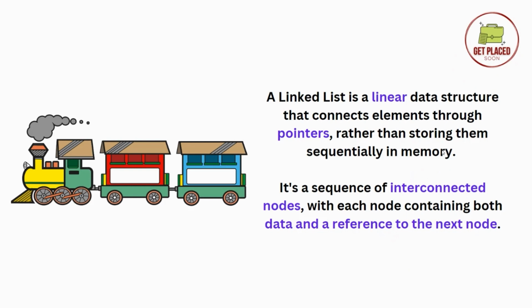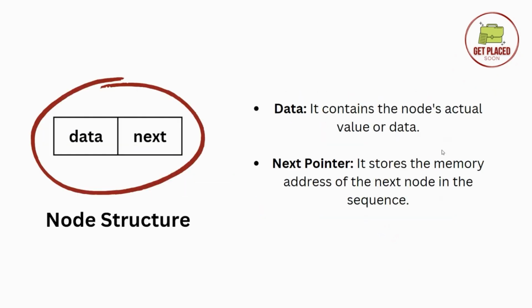Now let's see how it is possible. It is a sequence of interconnected nodes. Just like bogies here, in a linked list we have nodes, each node containing both data and a reference to the next node. This is a basic node structure. A node structure consists of two things. One is data, meaning its actual value. The second thing is next.